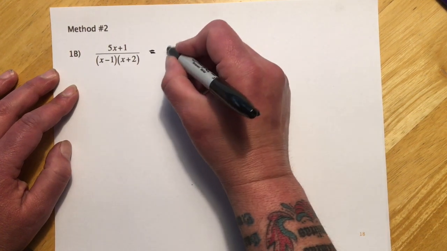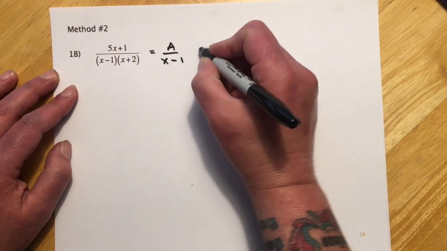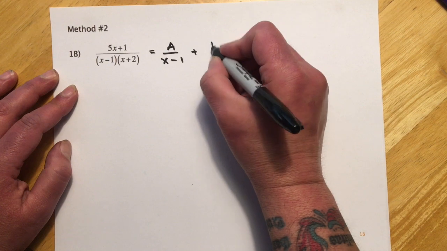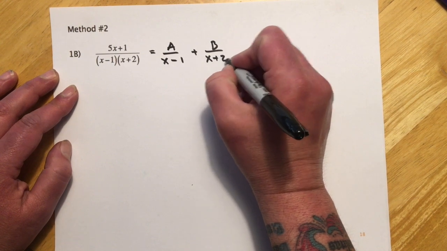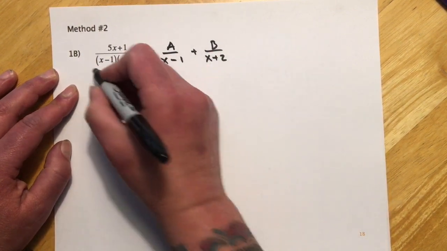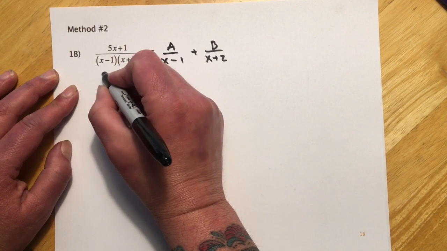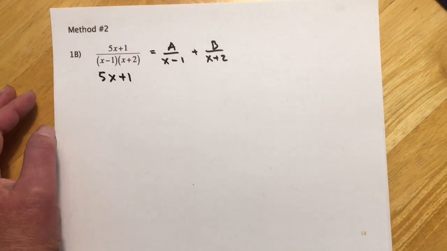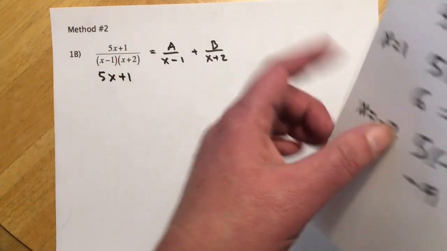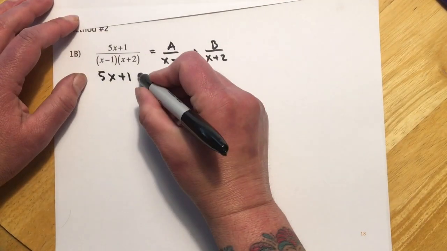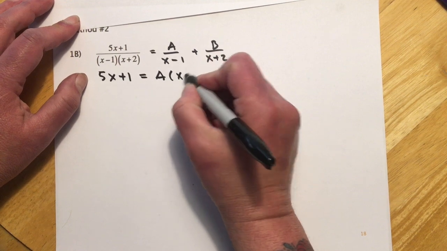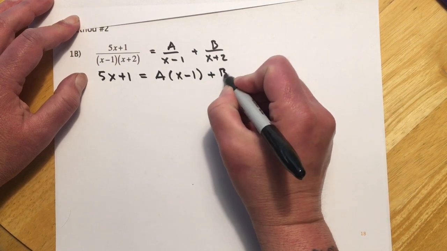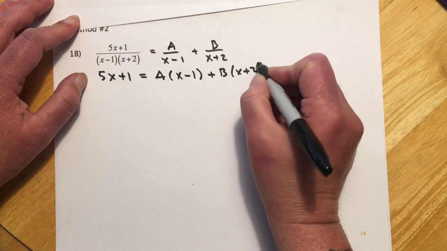So I would set this up exactly the same, a over x minus 1, and then plus b over x plus 2. And then I would clear the fractions the same way, and I'll just get that written out right up here. So 5x plus 1 equals a times x minus 1, and then b times x plus 2.